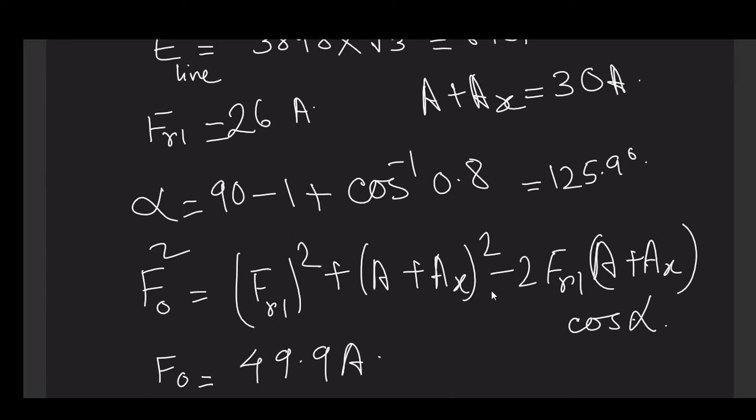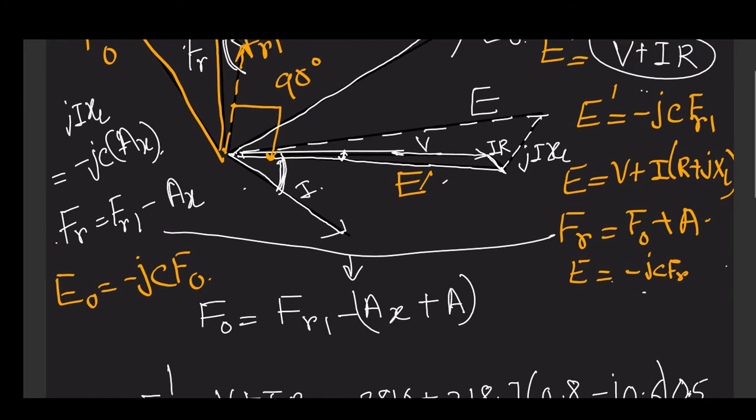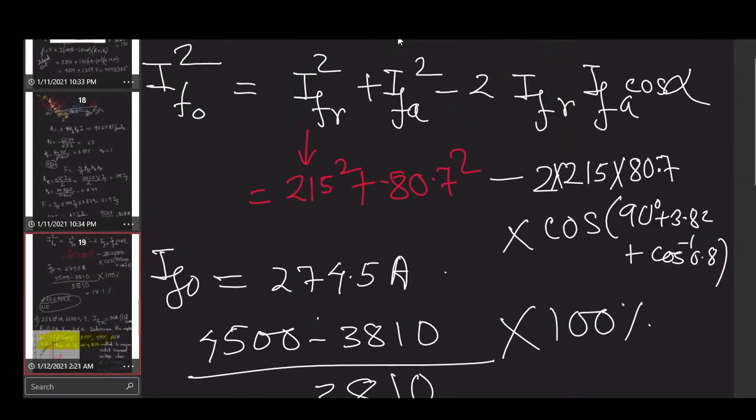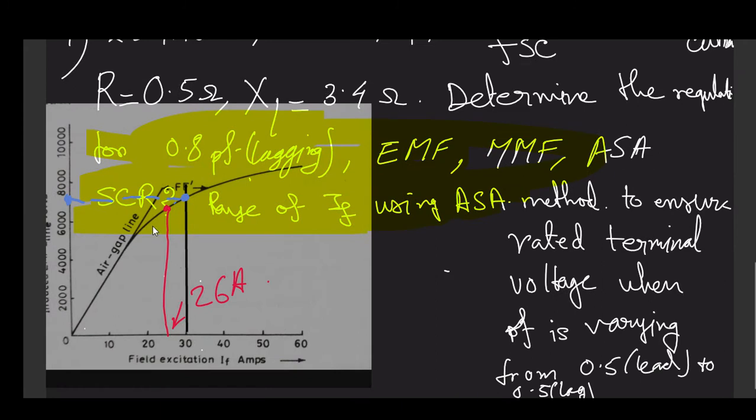So for that 50 ampere current, we need to figure out the value of the corresponding E naught. Let us see what E naught we will get here. For 50, how much is this?